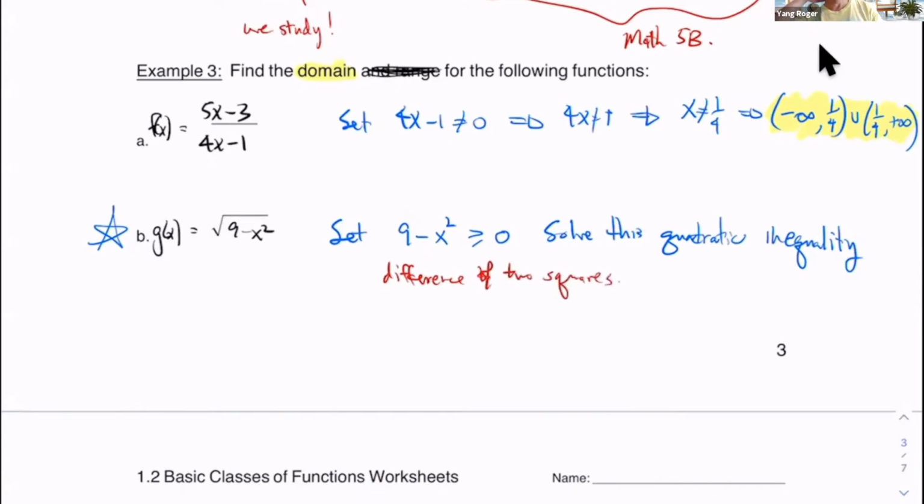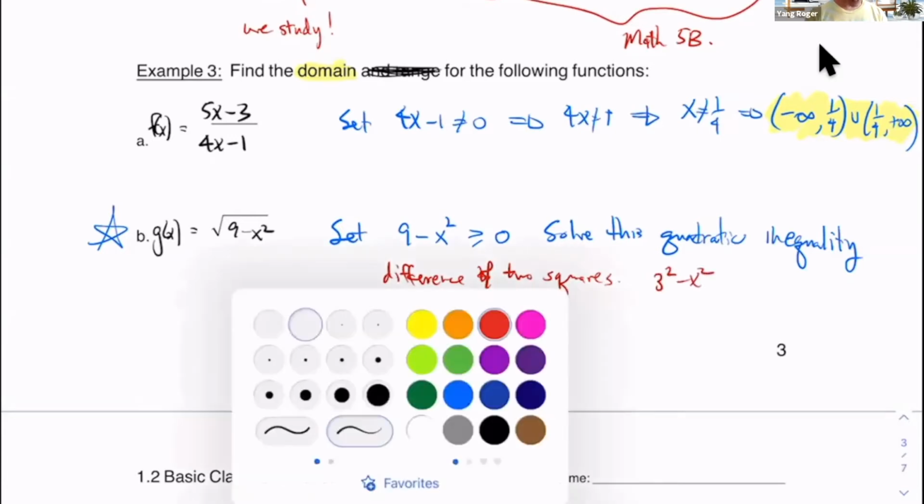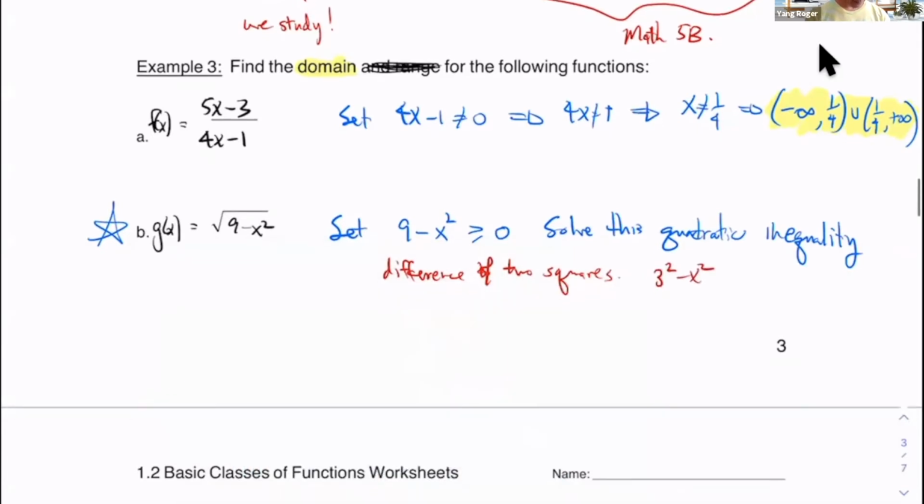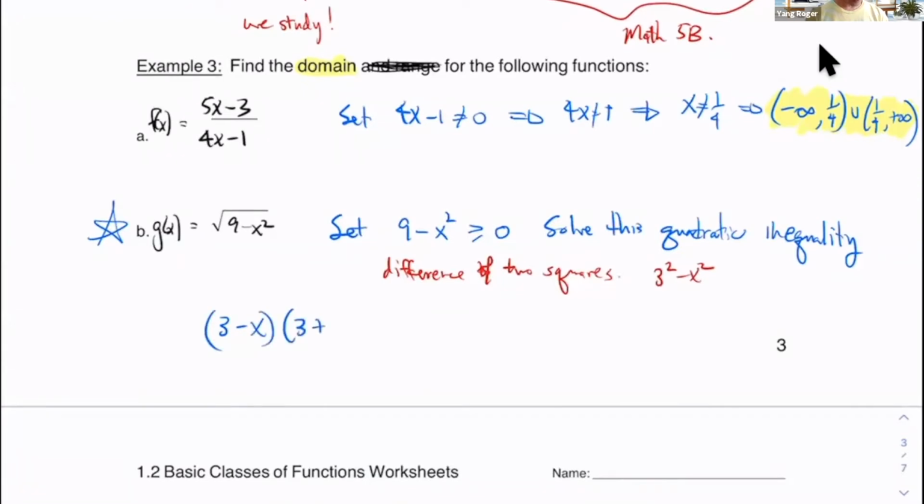Oh, no, someone did type in the chat box, difference of two squares. Okay, exactly. So in other words, this is really like 3 squared minus x squared. And anytime you have a difference of two squares, we could really write that as 3 minus x or 3 plus x. We want this to be greater than or equal to 0.